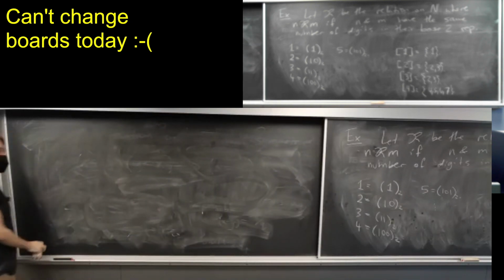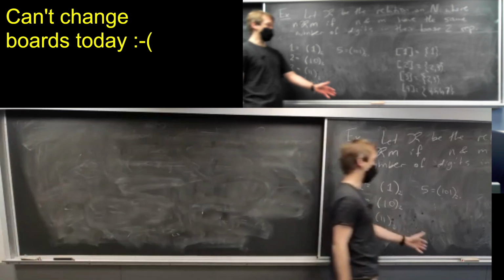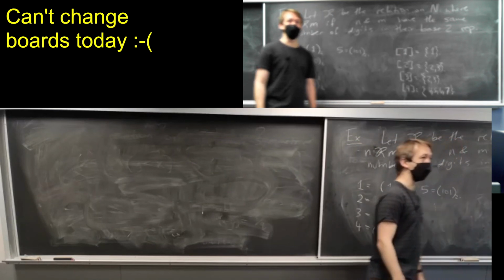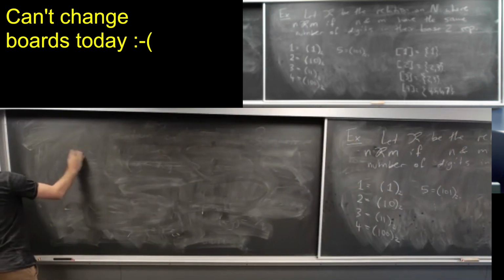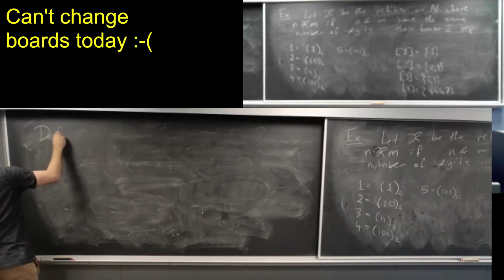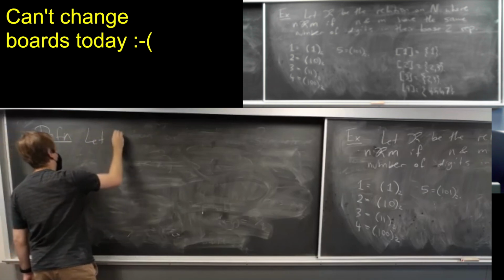So we've only observed this in two examples, right? Actually, we haven't really finished this example in some sense, but it'll hold in that example too. Okay, so definition. Let A be a set.